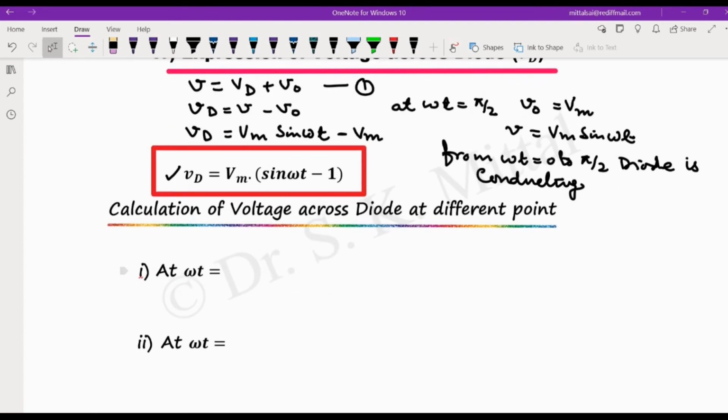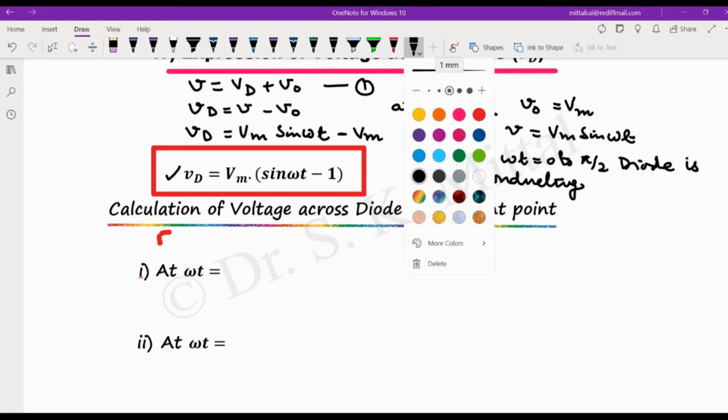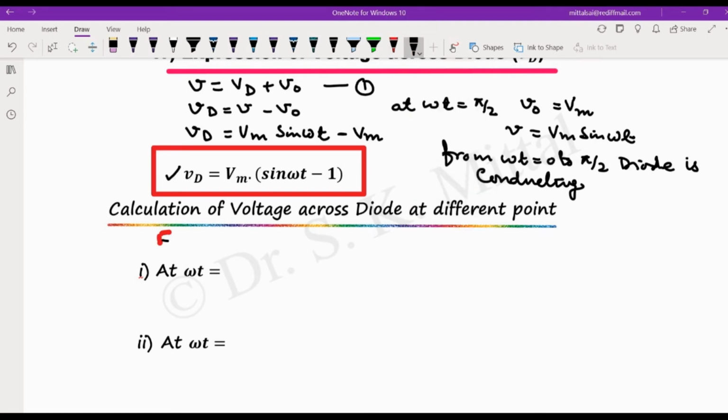From omega t is equal to 0 to omega t is equal to pi by 2, the diode is conducting.